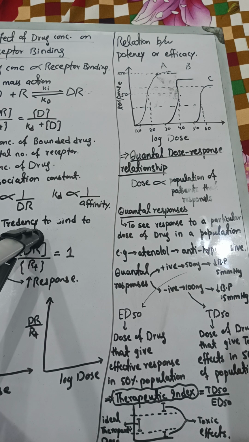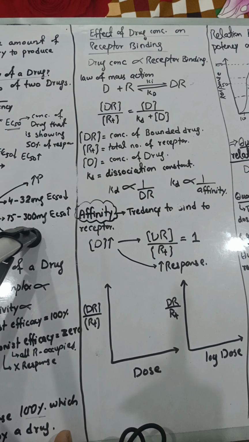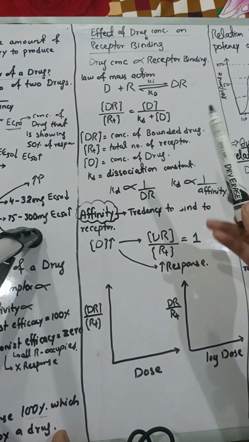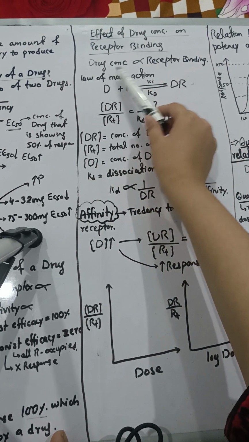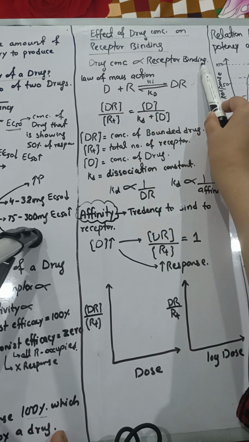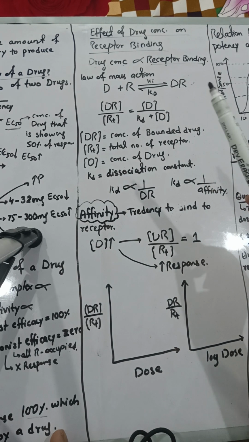Now let's discuss the effect of drug concentration on receptor binding. Here there is a direct relation: as the drug concentration increases, the receptor binding increases. Now you are going to apply the law of mass action.